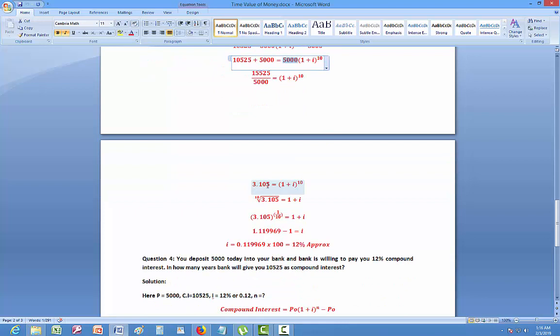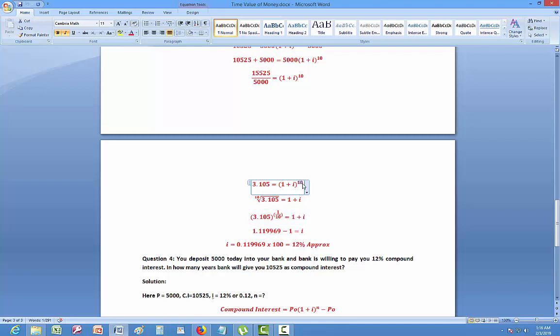So 3.105, which is a factor, and 1 plus I raised to power 10. So first we replace 10 from here to the left side of the equation, and 10 under root 3.105 is always be equal to 3.105 raised to power 1 by 10 equal to 1 plus I.